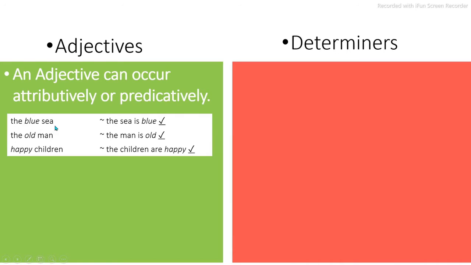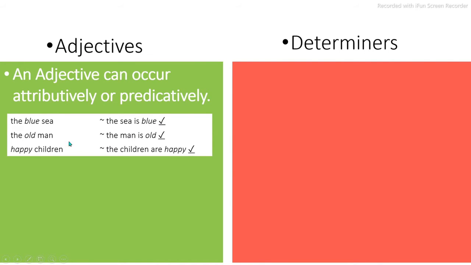Instead of the blue sea, we can even say the sea is blue. So here the noun sea is given first, then the verb, then the adjective blue, so it is used predicatively. Blue has been used in this example attributively before the noun sea, and here it is used after the noun sea, but both ways are correct.